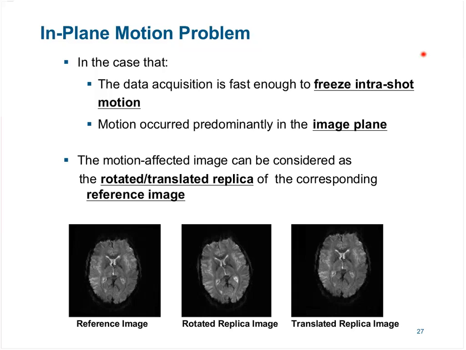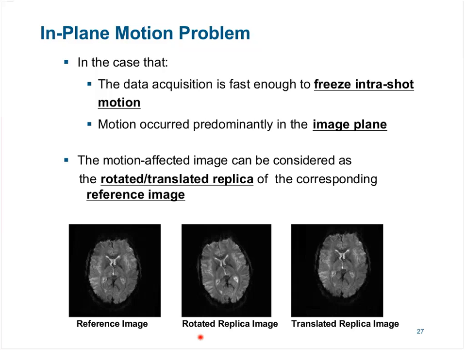In this case, the motion affected image can be considered as the rotated or translated replica of the corresponding reference image. So let's say the first image here is the reference image, then if rotation occurs, the replica image will be rotated.